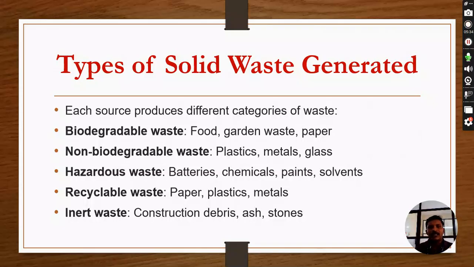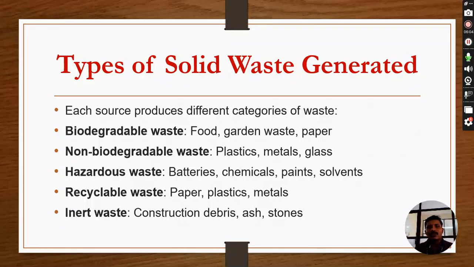In that, biodegradable waste means easily decomposable and easily degradable materials. For example, food and garden waste and papers are biodegradable waste. Non-biodegradable waste means not easily decomposable. It consists of materials like plastics, metal and glass.